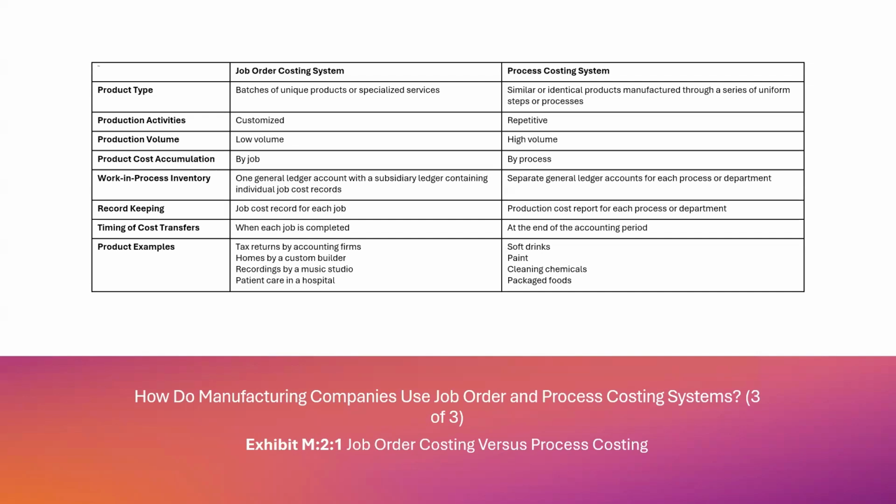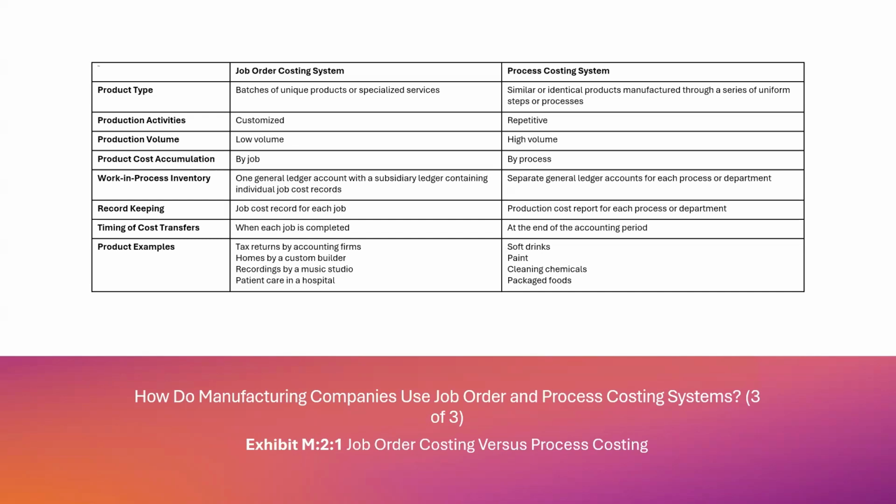Now, both job order and process costing systems follow a 4-step approach to tracking product costs. That's accumulating, assigning, allocating, and adjusting.